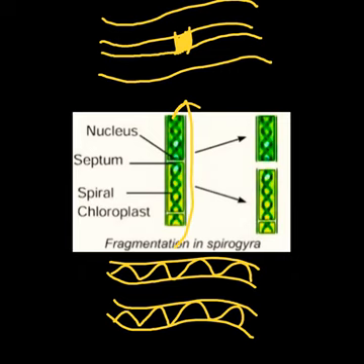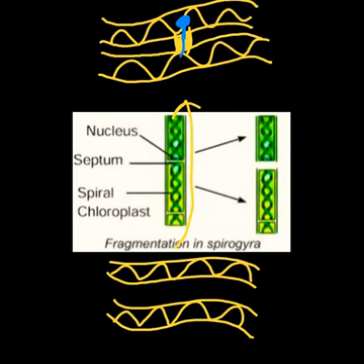The cell wall of one Spirogyra gets connected with the cell wall of the other Spirogyra, right? And in this way, the two Spirogyra get joined together. Now, from one Spirogyra, the cytoplasm gets transferred to the other Spirogyra, right? The material gets transferred from one Spirogyra to another.